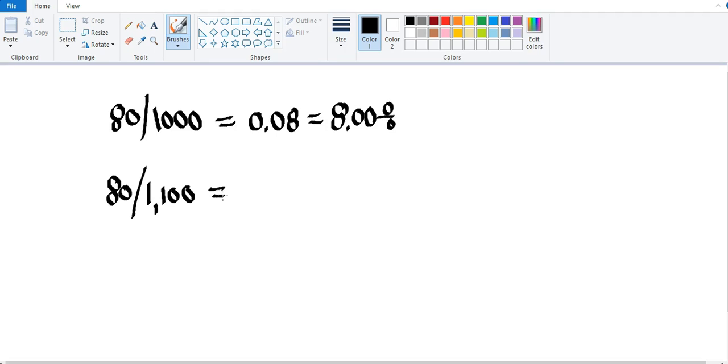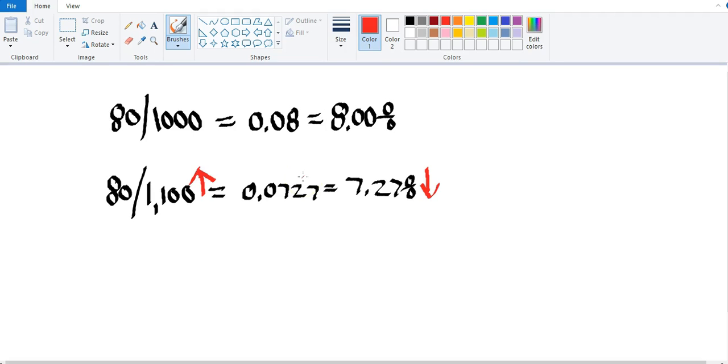What does that result in? 80 divided by 1,100 is 0.0727, which equates in percentage terms to 7.27%. Now notice what's happening with the price and the yield. The price is an increase from 1,000 to 1,100. The resulting yield is a decrease from 8% to something less, 7.27%.